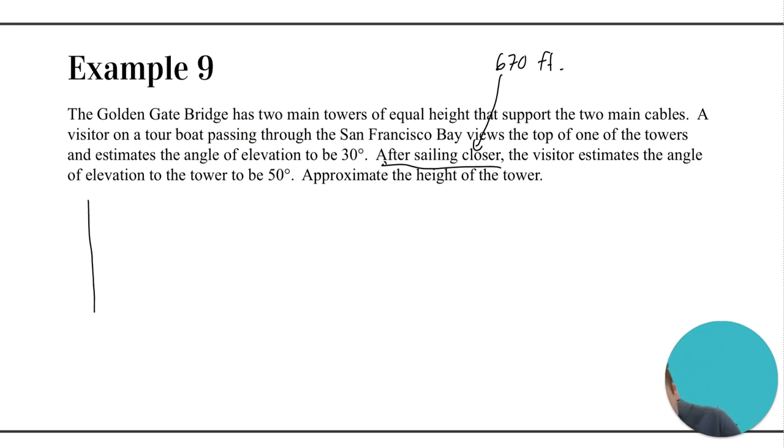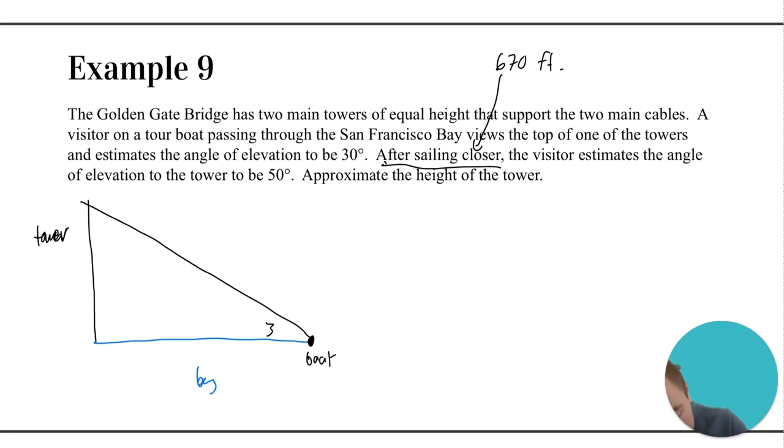So what's basically happening right here is we've got this tower from the Golden Gate Bridge that's very tall, right? And then down here below is where we've got the bay, so we've got all the water down here, right? So at one point in time, there's the boat over here, and it has an angle of elevation. So from horizontal, which is where the bay is, all the way up to the top of the tower, they measure an angle of 30 degrees, right?